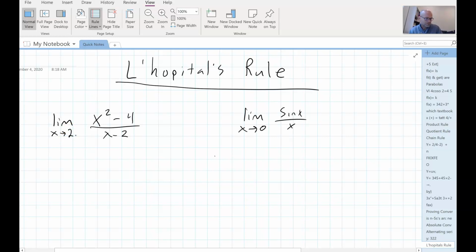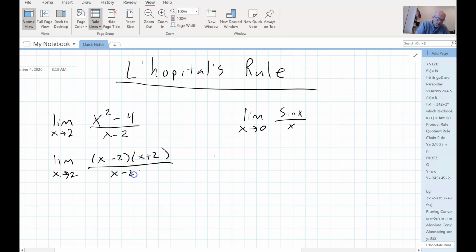In this case, when we plug in 2, we get 0 on the bottom, which we all know gives us an undefined value. So in the past, we handled this by taking the limit as x approaches 2 and factoring the top and bottom, x minus 2, x plus 2.